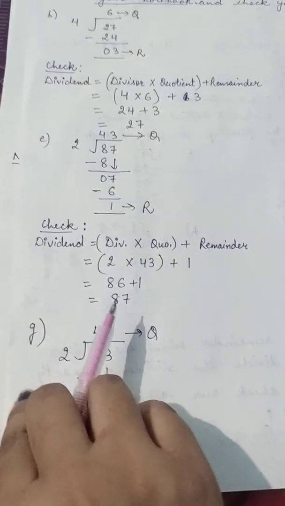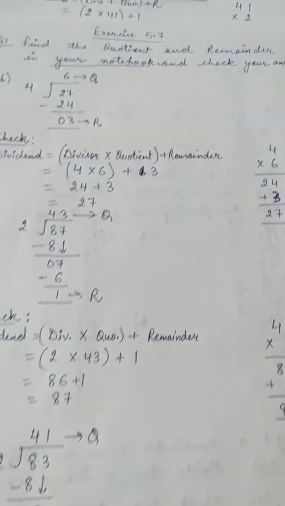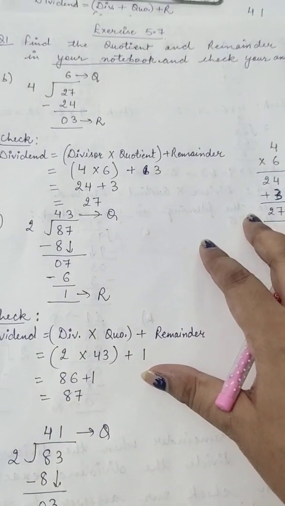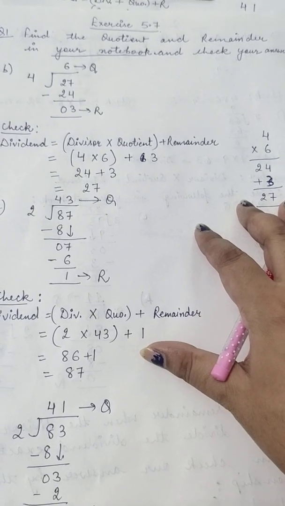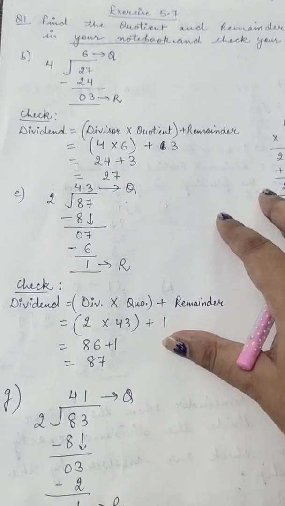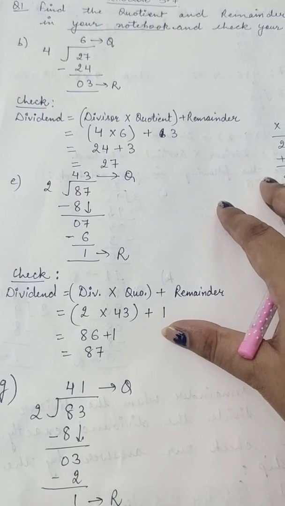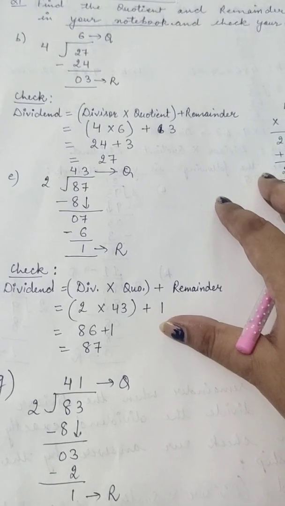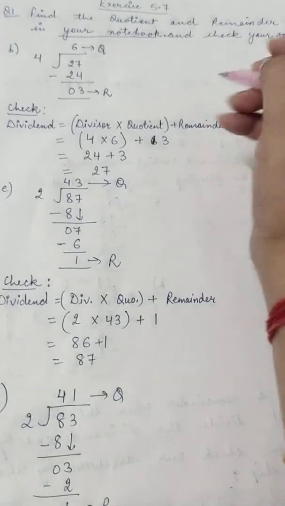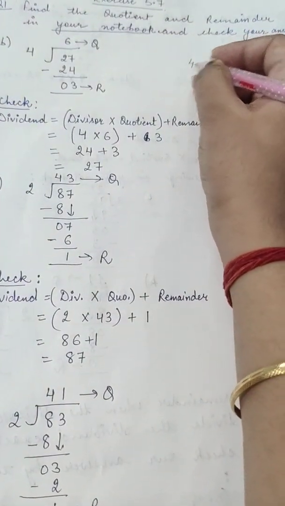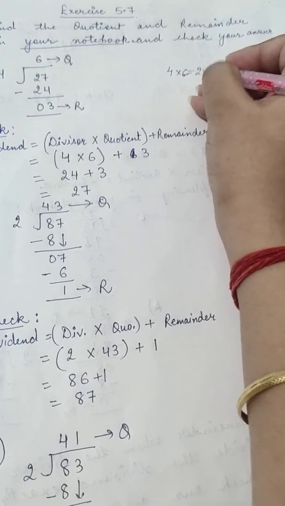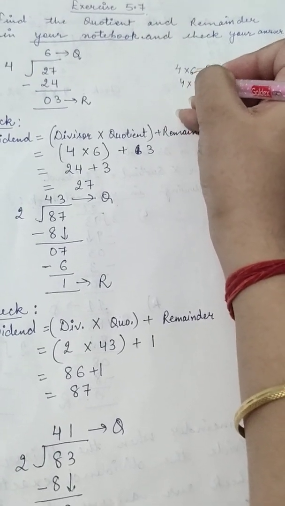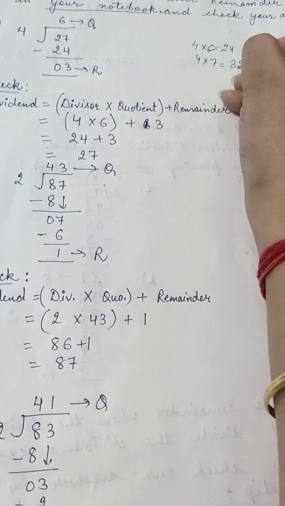Next is your exercise 5.7. Find the quotient and remainder in your notebook and check the answer. So I have solved here B part, 27 divided by 4. We know 4 into 6 is 24. 4 into 7 is 32.